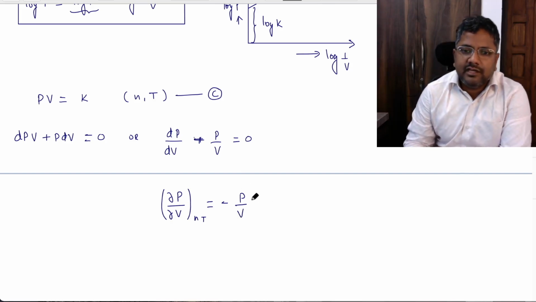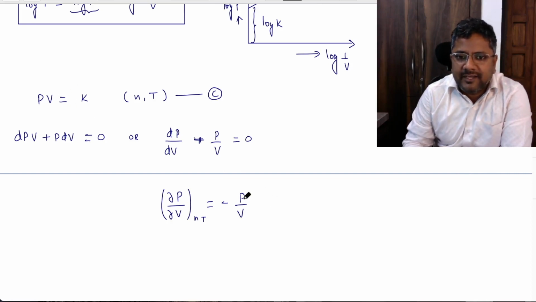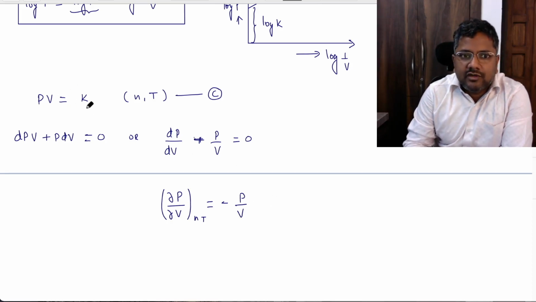Minus P by V, and if you want you can replace this from here in terms of K. So this is equal to minus K by V square, right?